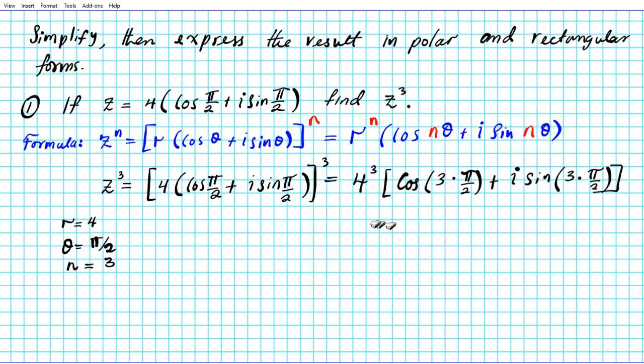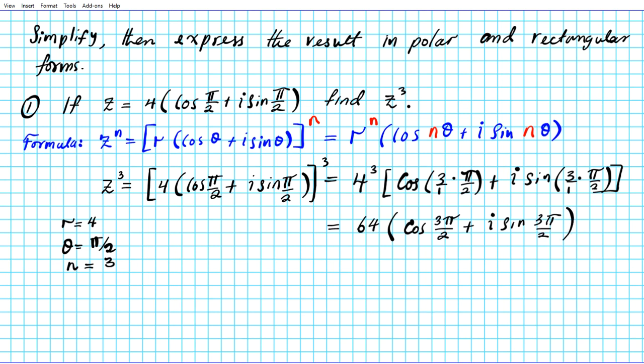Okay? Now let's simplify. What is 4 to the third power? 4 times 4 times 4 is 64. Now, when you're multiplying the fractions, you can just write 3 as 3 over 1. Multiply the numerators and the denominators, and you have cosine 3 pi over 2 plus i sine 3 pi over 2.